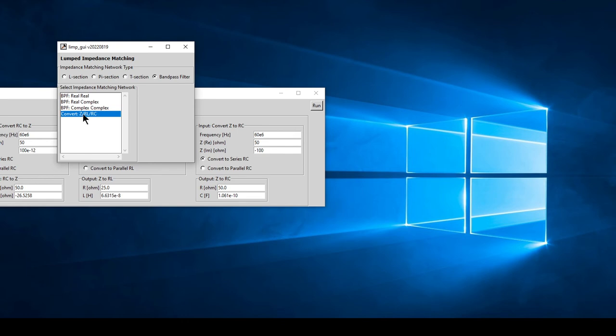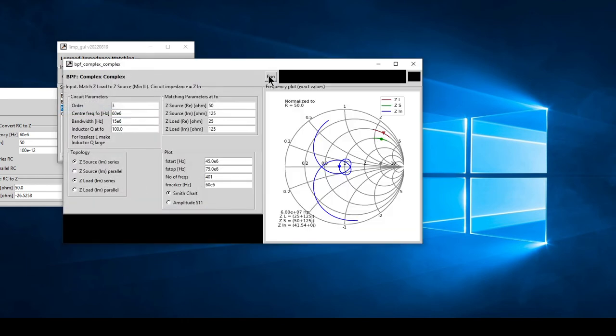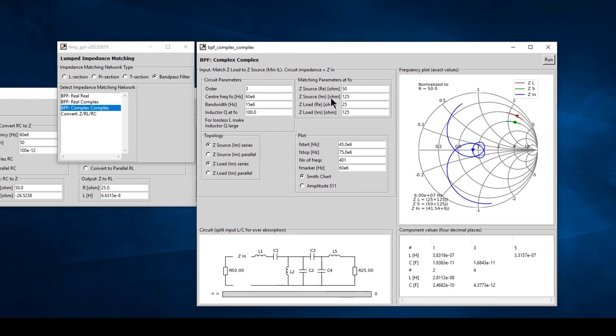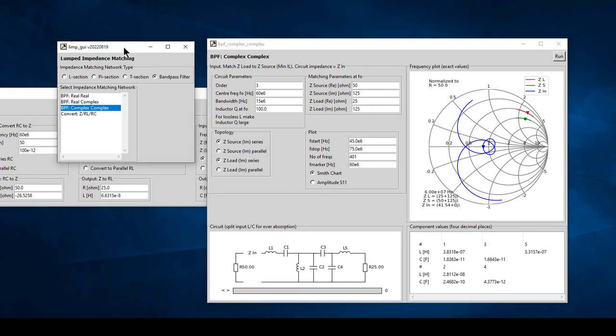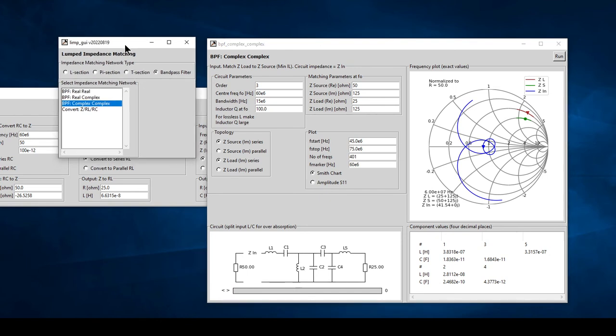Let's have a look at complex to complex. Okay, so in this case we have a complex source and a complex load, and each of these can either be in series or parallel, so we have 4 combinations here. And in this case we can either have over-absorption on one side and exact on the other side, or we can have over-absorption on both sides.